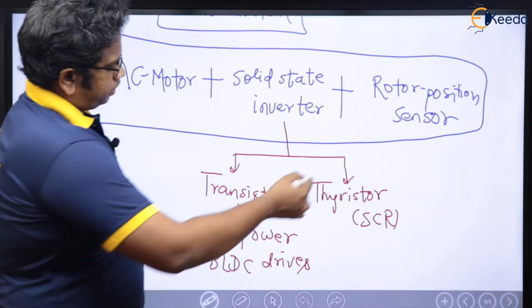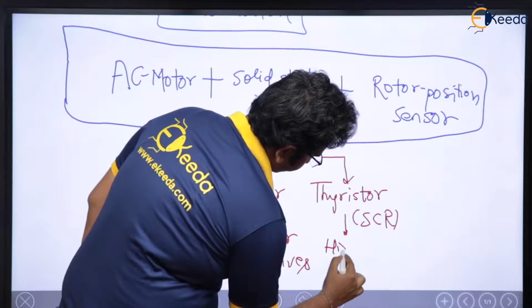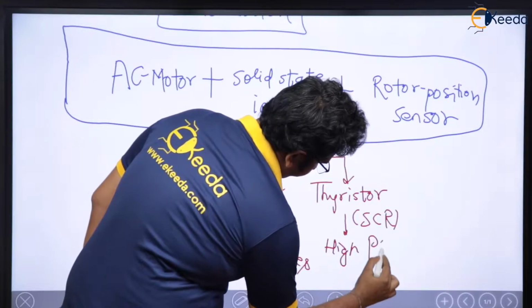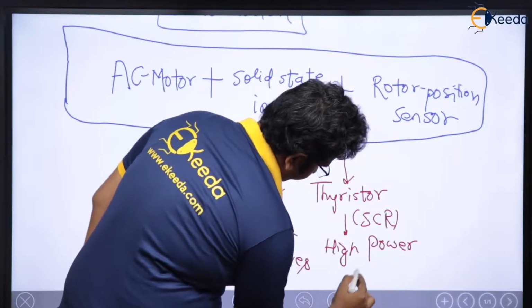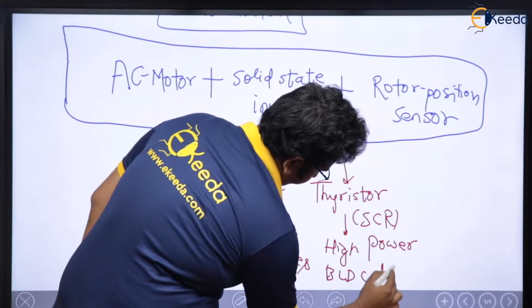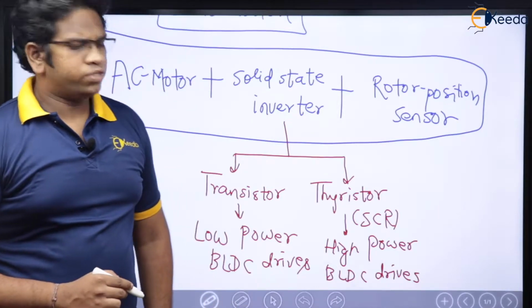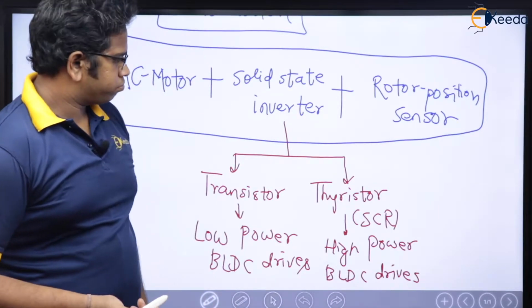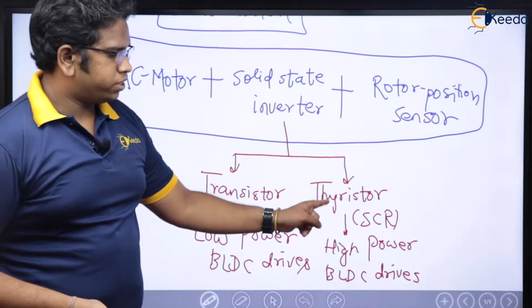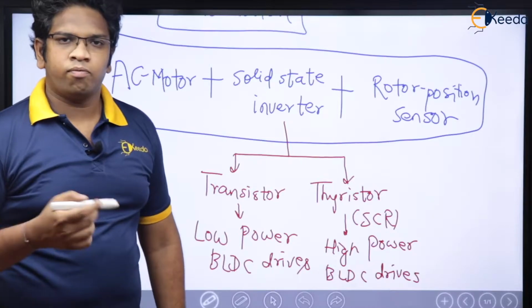And the thyristor based circuit is used for high power BLDC drives. Now you may ask me, sir, why thyristor for high power and transistor for low power?